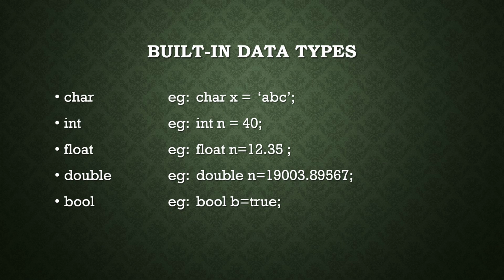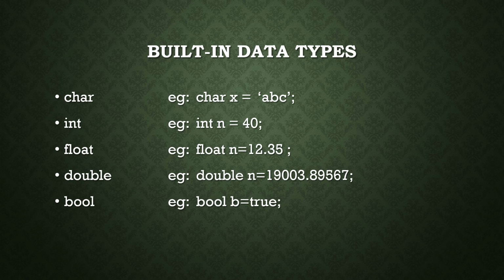So you should mind where I am using, or you are going to use, capital letters or small case letters. First one is your char data type. Char data type is used for storing characters. Earlier I discussed that in char we cannot count the space, and char is enclosed in a single quotation mark.